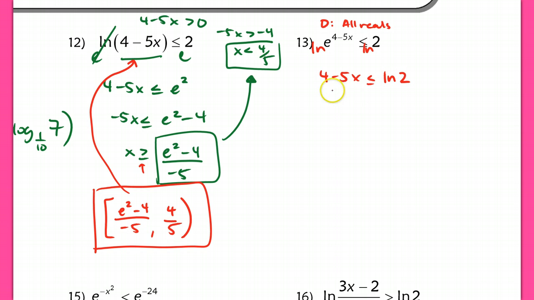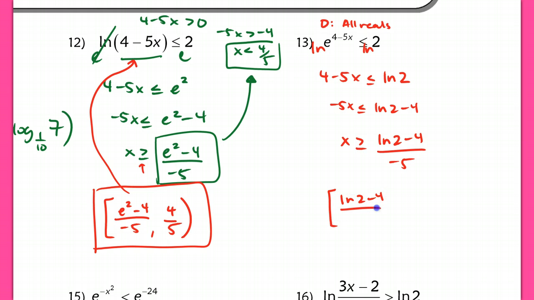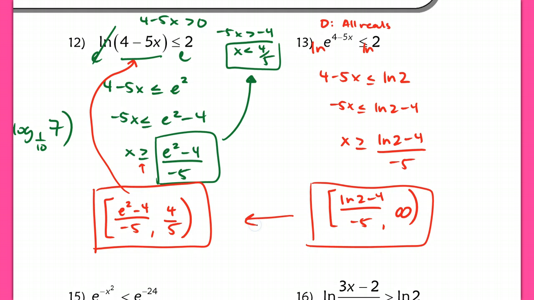When I isolate x, subtract the 4 and divide out the negative 5 in front of the x, I flip the sign and get the natural log of 2 minus 4 divided by negative 5. Because this didn't have an original restriction on the domain, the answer in interval notation is the natural log of 2 minus 4 over negative 5 through positive infinity. And of course that has an open bracket because there is no such number as infinity. So this would be my solution, slightly different than what we just saw in number 12.